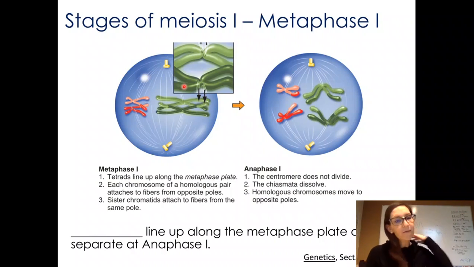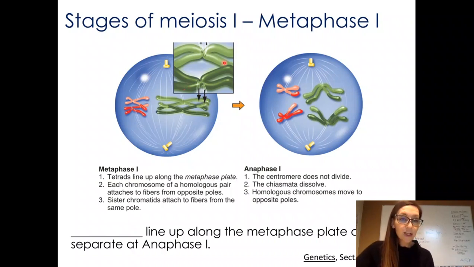So we have metaphase. In metaphase 1, here is another difference. So we talked about differences in prophase. Here's another major difference. What lines up at the metaphase plate is different in mitosis and in metaphase 1 of meiosis. In metaphase 1, instead of having individual chromosomes line up, you have the tetrads line up, the homologous pairs that are lined up.